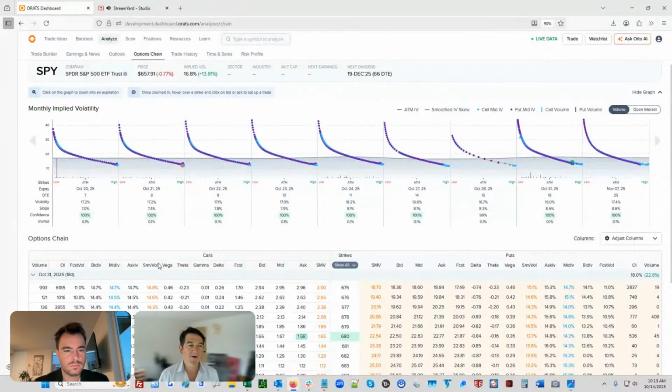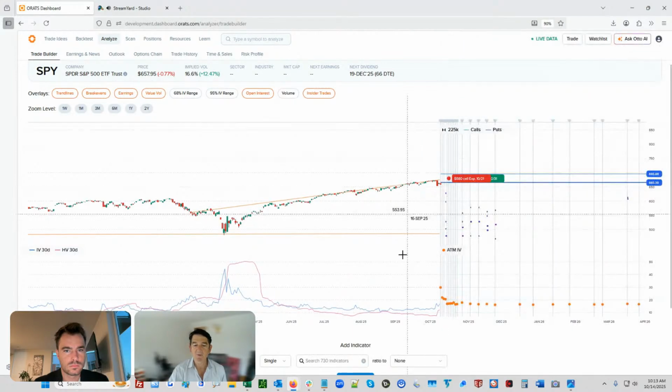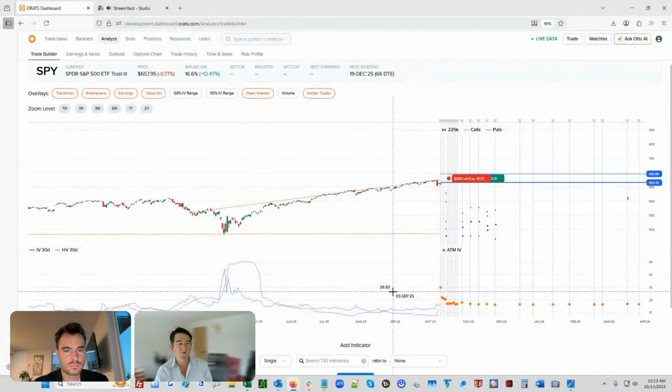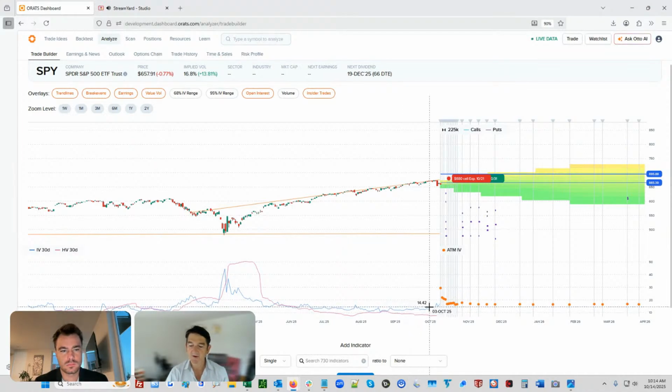the forecast value. But I think another way to look at the forecast value is to click on the trade builder and see why we're coming up with such a low forecast of volatility. And the reason you see that is the historical volatility has been incredibly low. That's the magenta line. The blue line, or the cyan line, is the implied volatility of the 30-day, which has been way above the historical volatility.